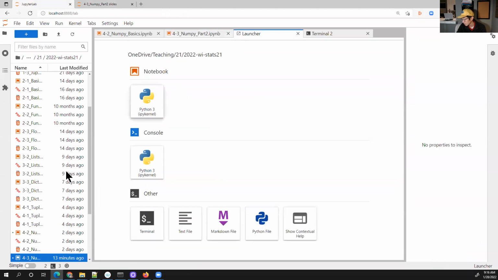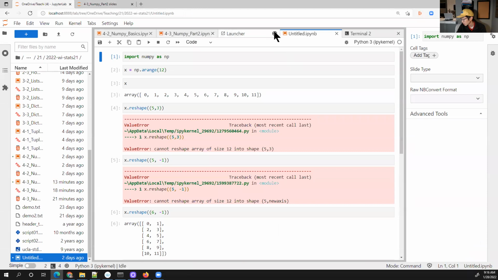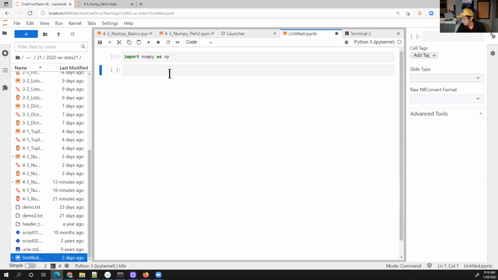Let's open up and delete everything out of here. Let's just clear this out. Okay, so we've got xm equals a range, reshape.